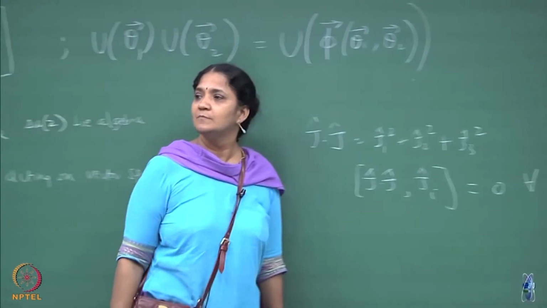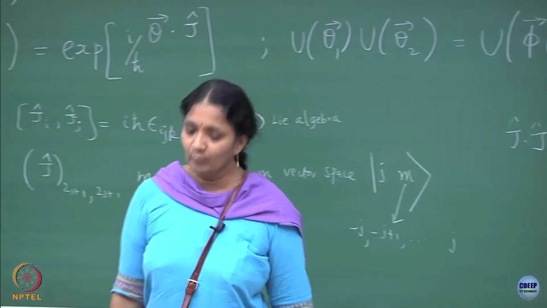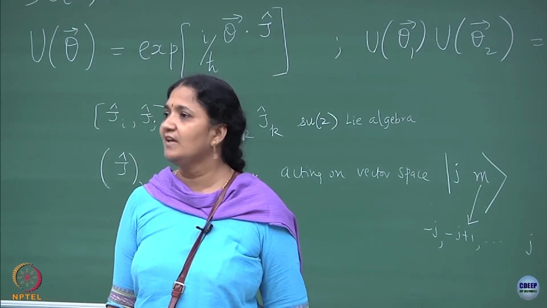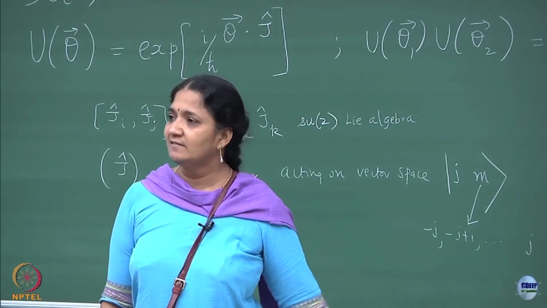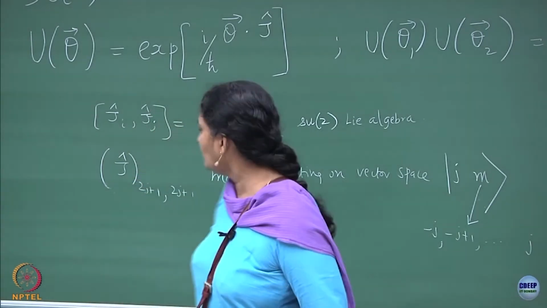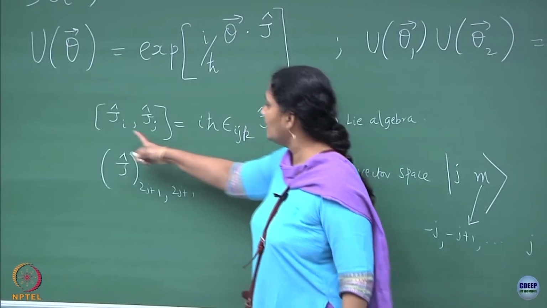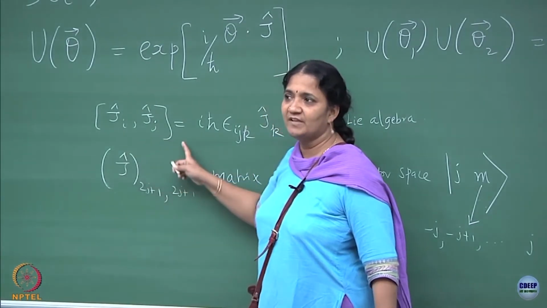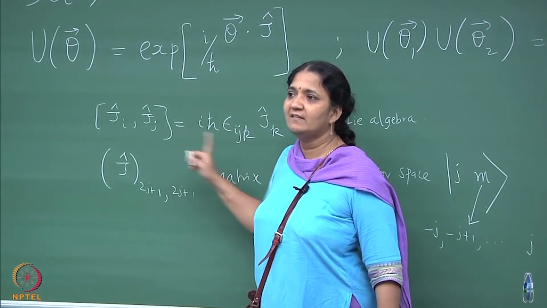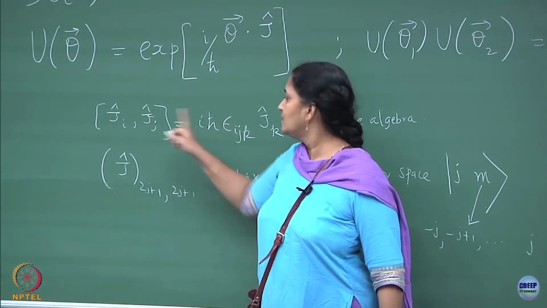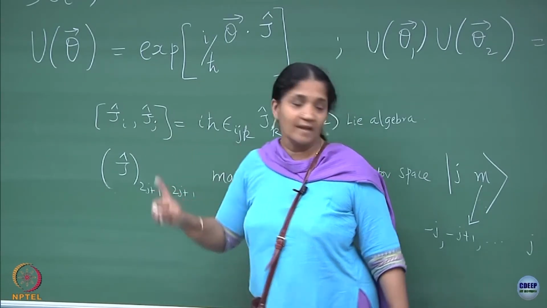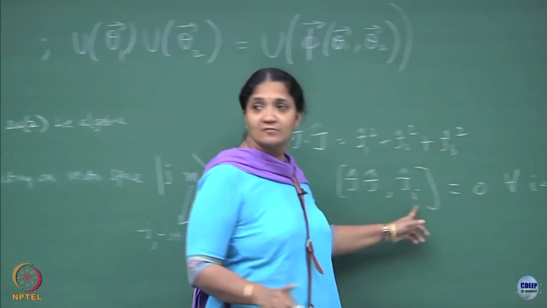So this tells you that you can write a state which is a simultaneous eigenstate of J dot J as well as any one of the J's. The reason why only one of the J's is because amongst J1, J2, J3, the commutator is non-zero. So you cannot simultaneously diagonalize J1 as well as J2 or J3. One of them can be simultaneously diagonalized with this one.